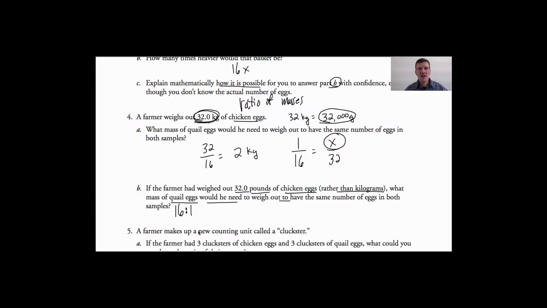It's not dependent on what unit you're using. You just have to make sure that the unit is the same for both eggs. So if he weighs out 32 pounds of chicken eggs, then the mass of quail eggs needed to have the same number is going to be the same thing, 2 pounds. Okay?